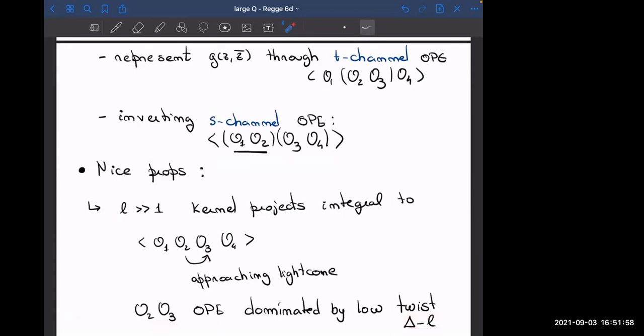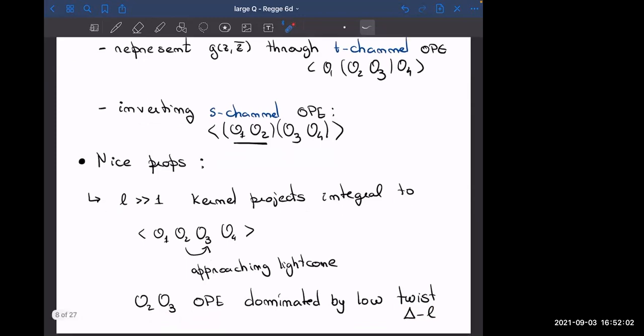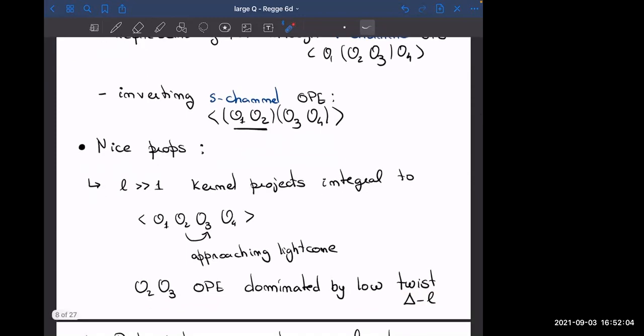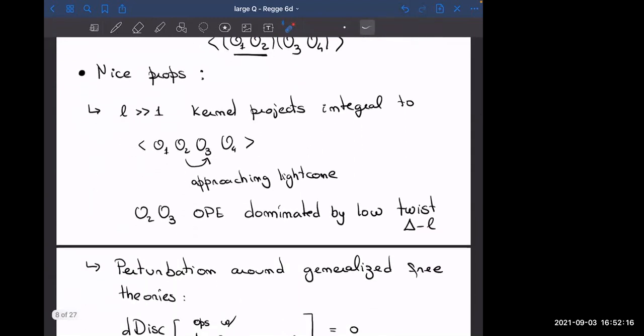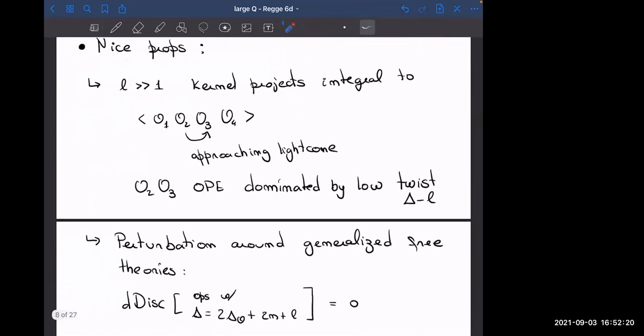So at large spin, low twist dominates. And this justifies, or puts on a firmer footing, a lot of work that had been done in the light cone bootstrap, where people were matching those large spin in one sector with low twist in the other.